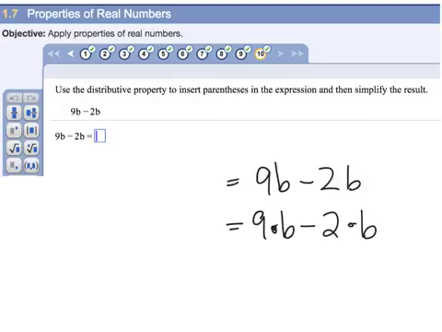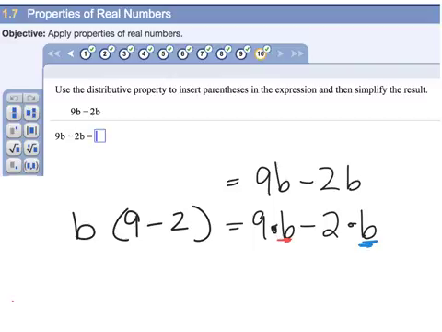So what do these two terms have in common? Well, they each have a b in common. All right, so working backwards, our b is going to be on the outside, and 9 minus 2 is going to be on the inside.